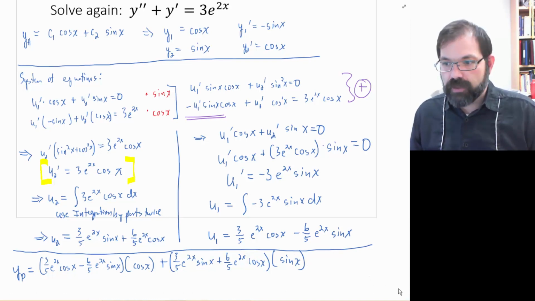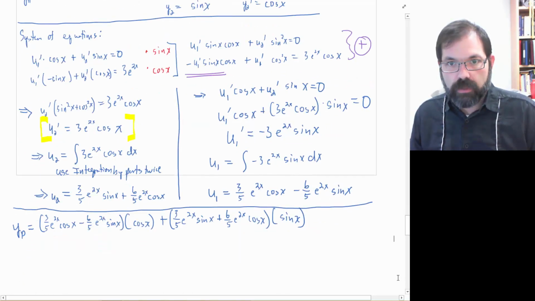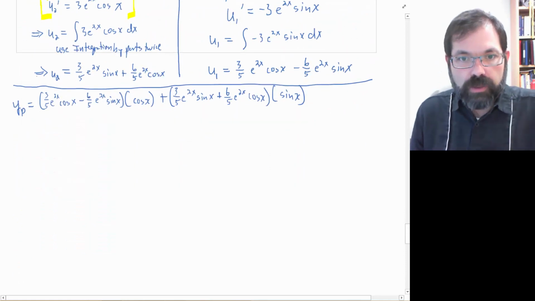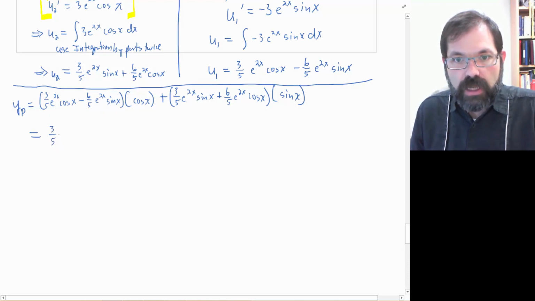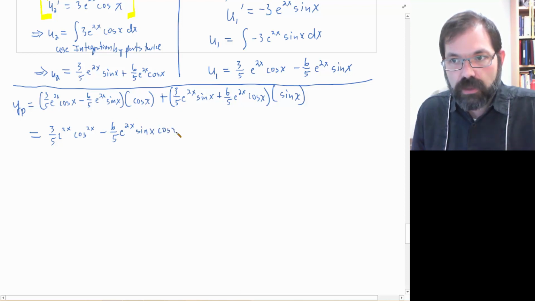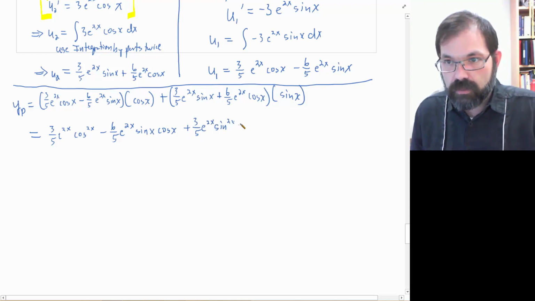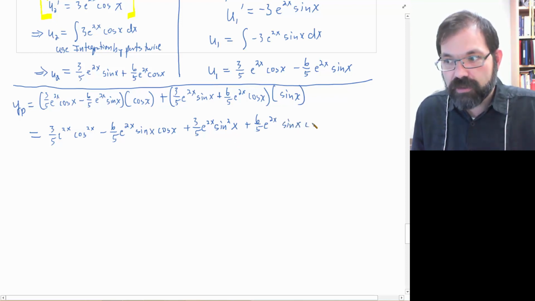So let's see if we can simplify this any. Alright, so y sub p, we would have 3/5 e to the 2x cosine square x minus 6/5 e to the 2x sine x cosine x plus 3/5 e to the 2x sine square x plus 6/5 e to the 2x sine x cosine x.